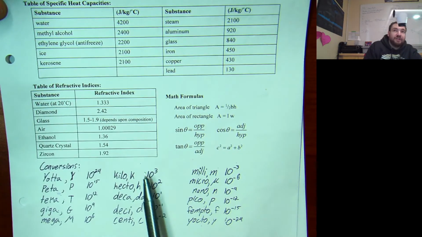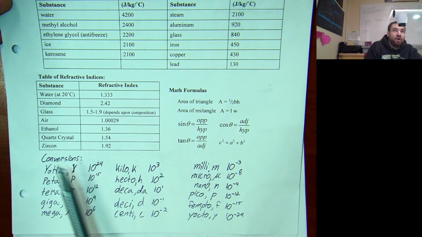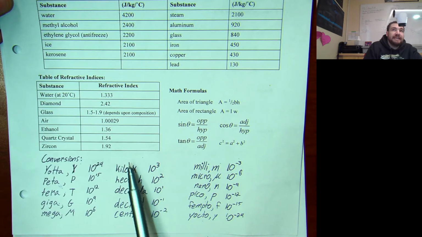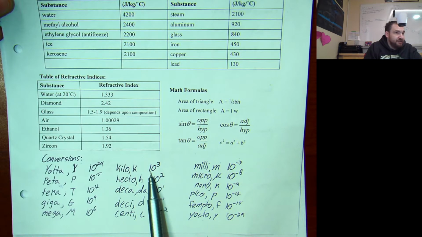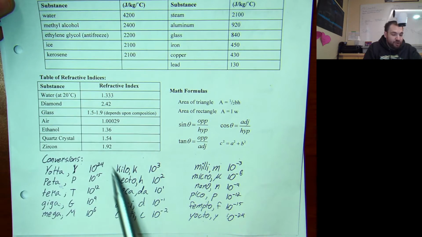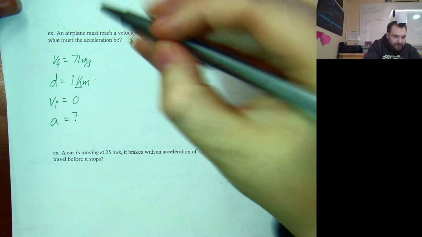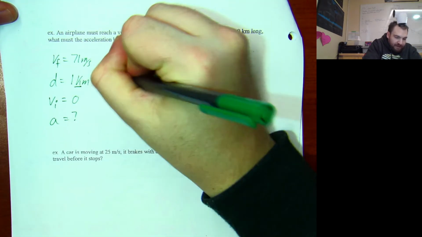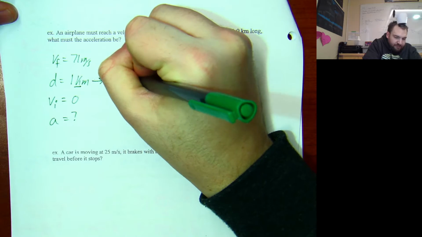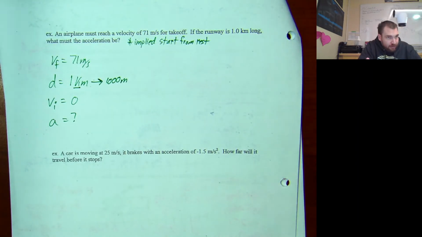If we ever forget, it's on the bottom of your formula sheet, which has all of the prefixes we could use. I've given it to you in scientific notation. 10 to the 3 is 10 times 10 is 100 times 10 is 1,000. So kilo is 1,000. So 1 kilometer is 1,000 meters. And now we can go.